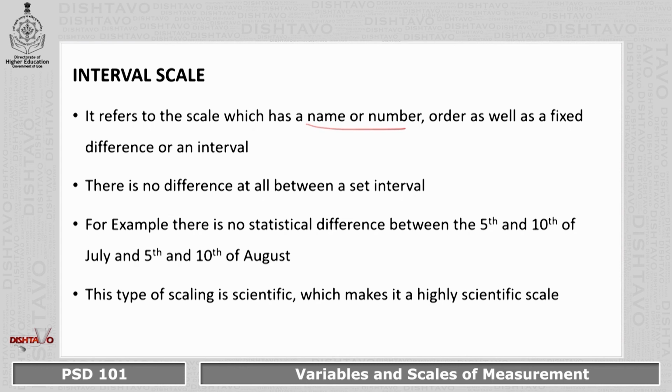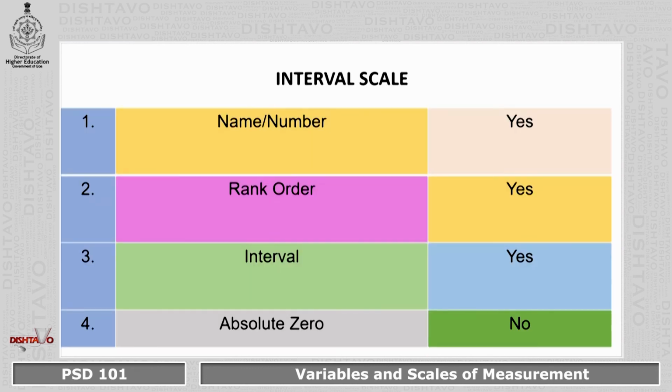There is no difference at all between the intervals. For example, if we compare the 5th and 10th of August with the 5th and 10th of July, the difference between these two is absolutely the same. To summarize, the interval scale has name and number, rank and order, and interval. And as I said, it keeps getting better. But it does not have an absolute zero.